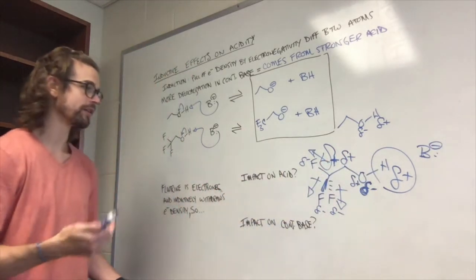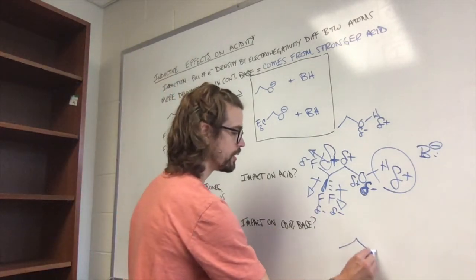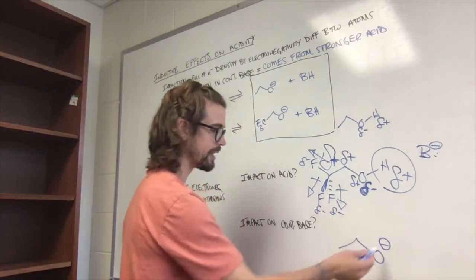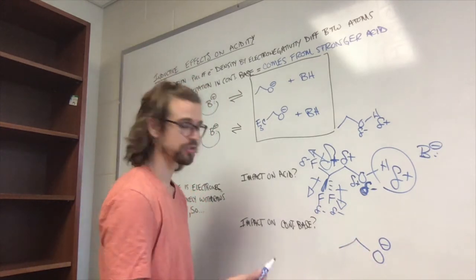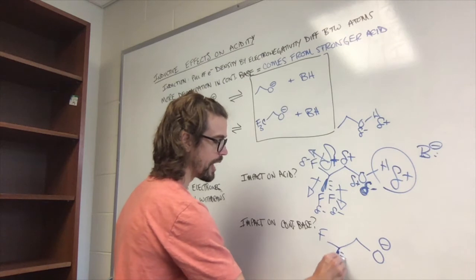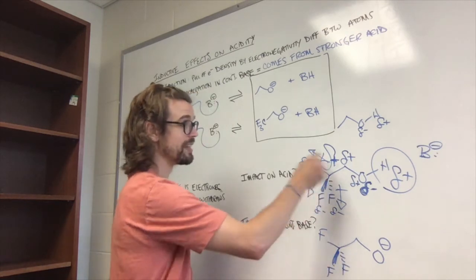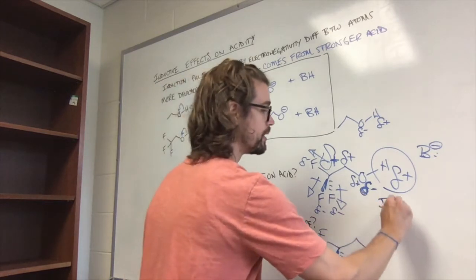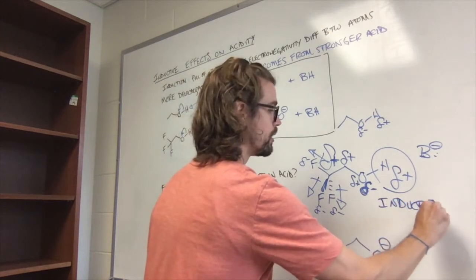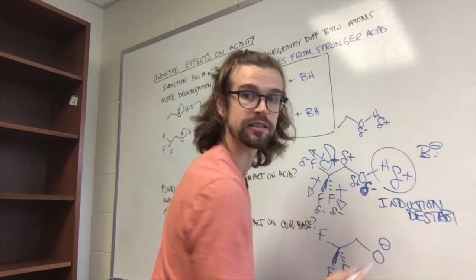What's their impact on the conjugate base, though? If we think about the conjugate base, we have O minus there, so there's a negative charge on the oxygen, not the most ideal thing. And then we have those three fluorine atoms. Here, the induction destabilized the acid.